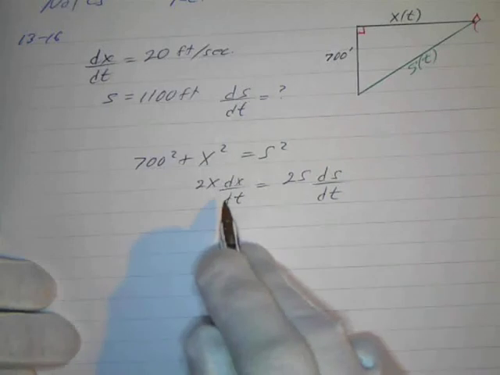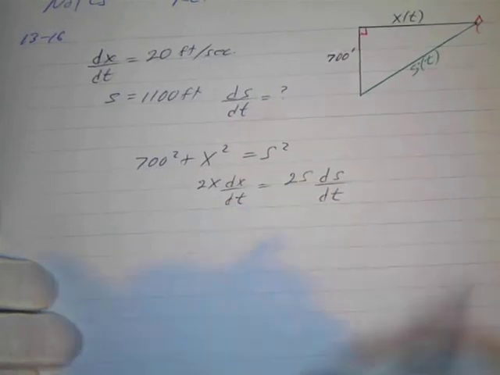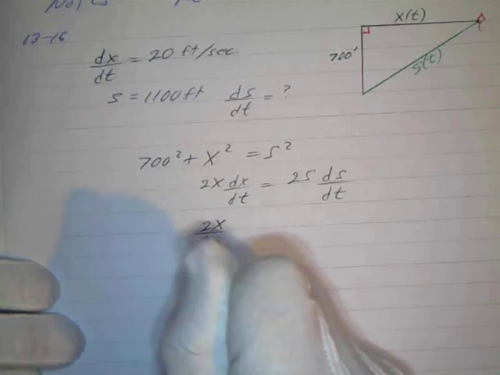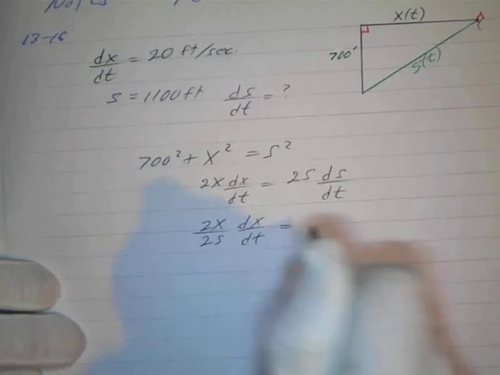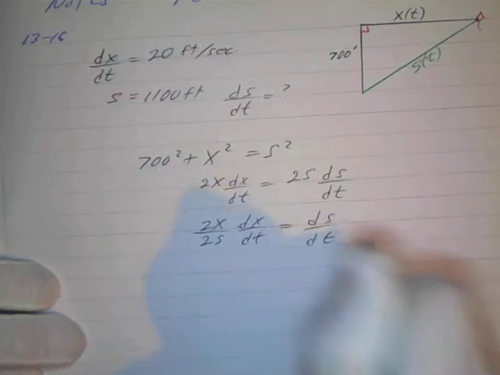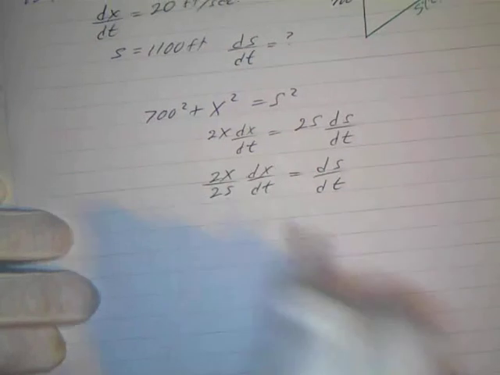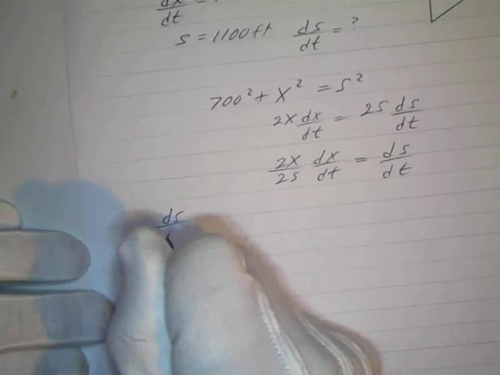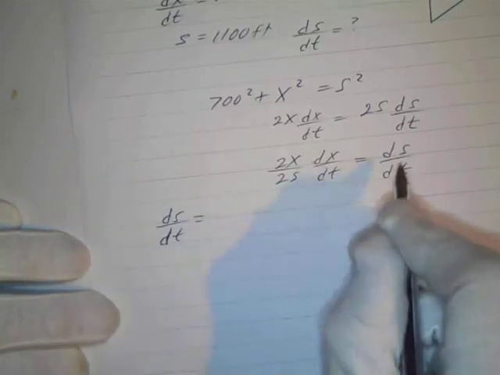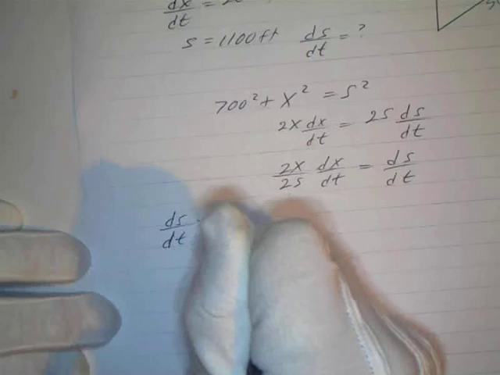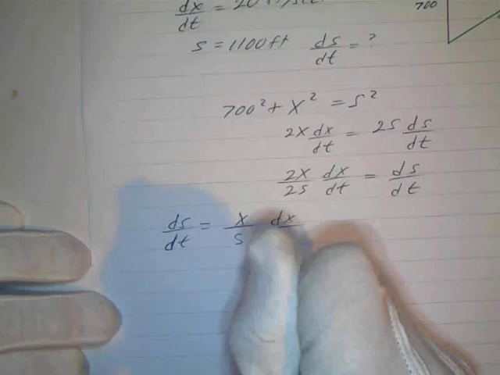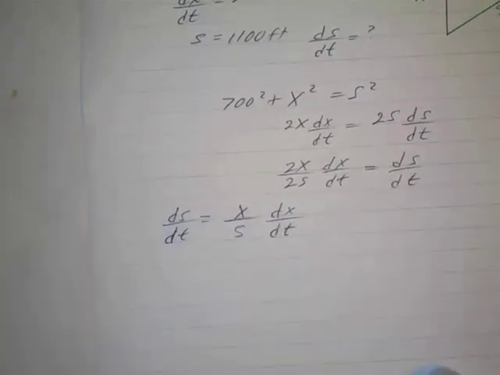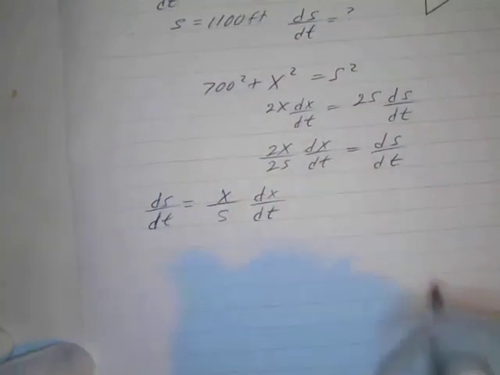We're looking for ds/dt, so I'll divide both sides by 2s, so I have 2x over 2s times dx/dt equals ds/dt, and that cancels, so ds/dt equals x over s times dx/dt. So there's your ds/dt you're looking for.